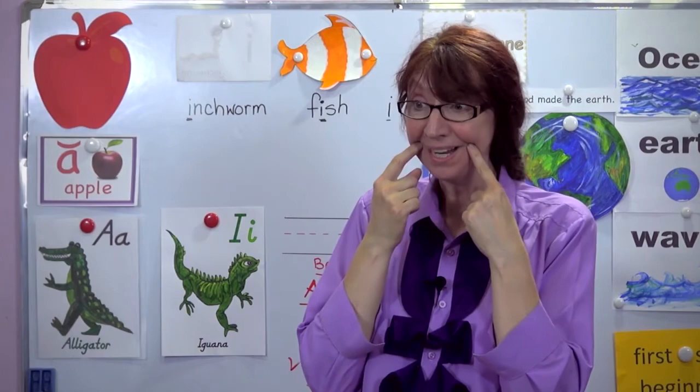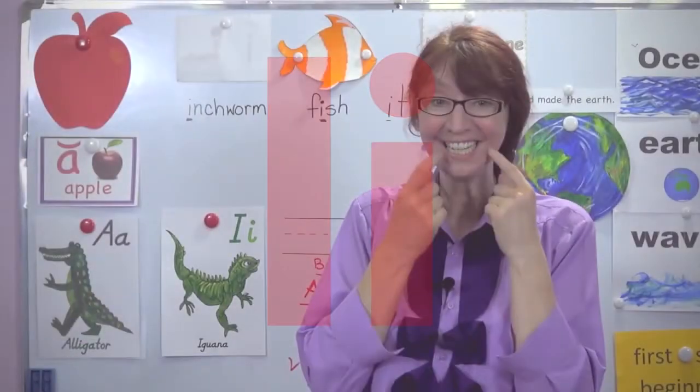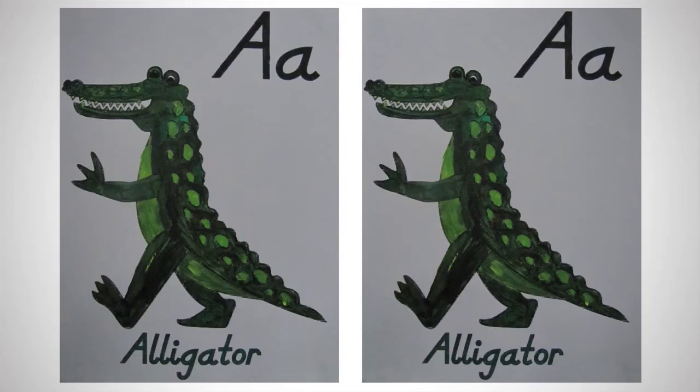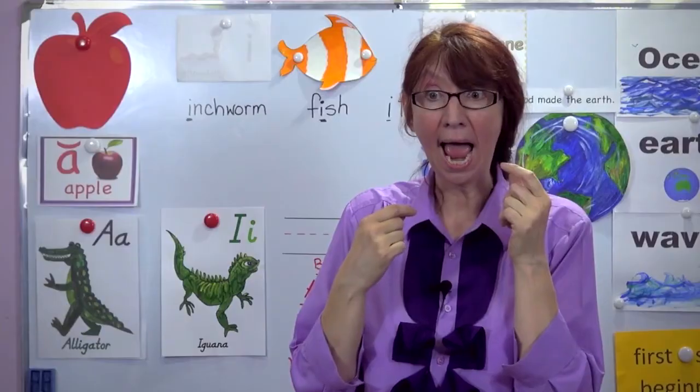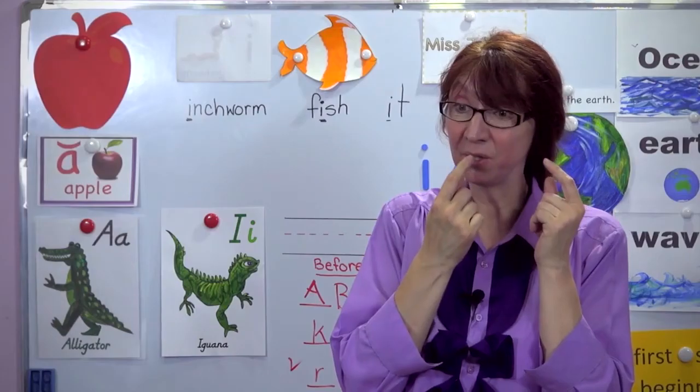Yeah, I'm smiling. Remember when we did alligator. Now say iguana. So when I said alligator, I had a big mouth like an alligator. I was ready to eat a fish. Right? Now I'm going to smile. And my teeth are close together.